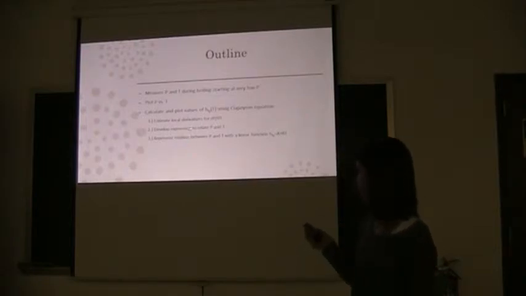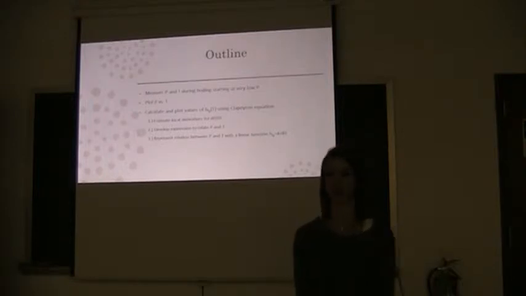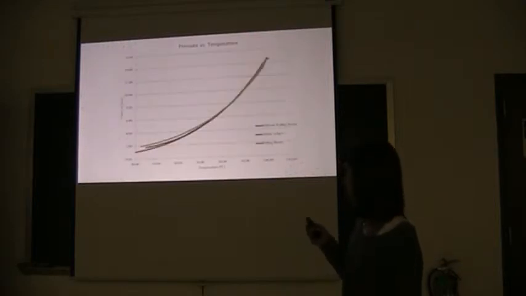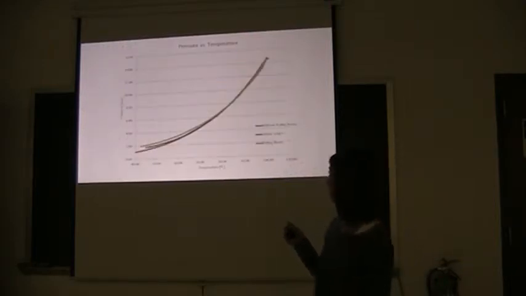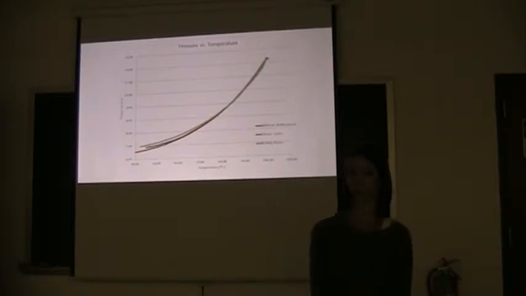Then there are 3 procedures that I had to do, all to calculate the enthalpy using the Clapeyron equation. This is what I calculated using Excel for the pressure versus temperature.